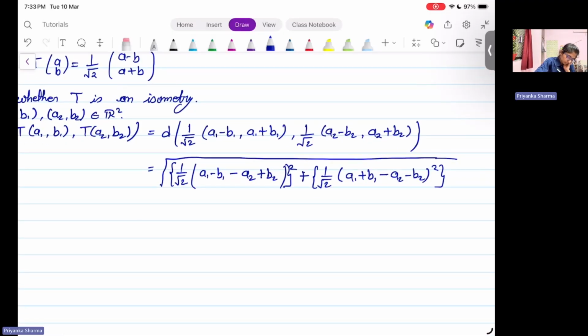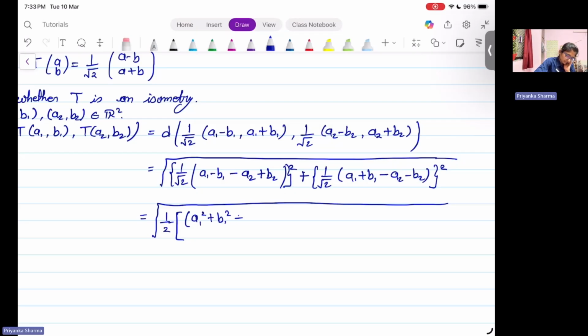Okay. So this will be the square root of 1 by 2, and this will be A1 square plus B1 square plus A2 square plus B2 square minus 2 A1 B1 plus 2 A2.